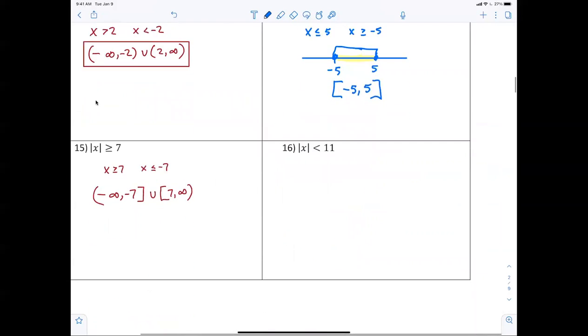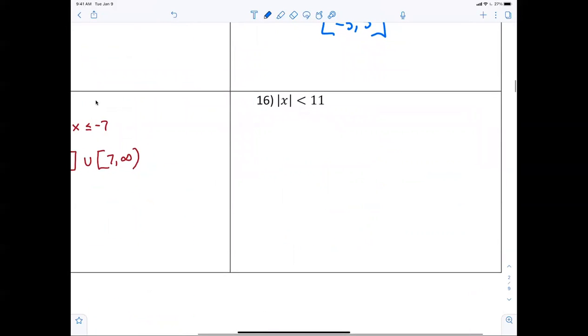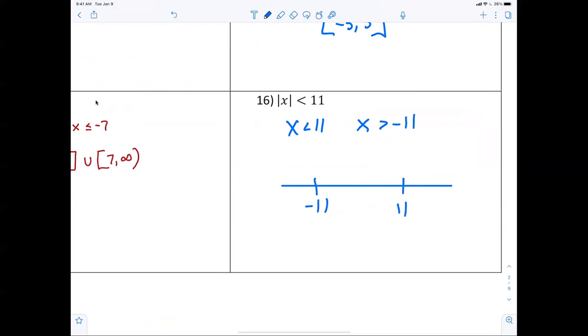All right, here we go. Let's knock out 16. Again, x is less than 11. x is greater than -11. So here we go. Just to be sure, here's 11. Here's -11. Less than 11, greater than -11. -11 to 11, parentheses.